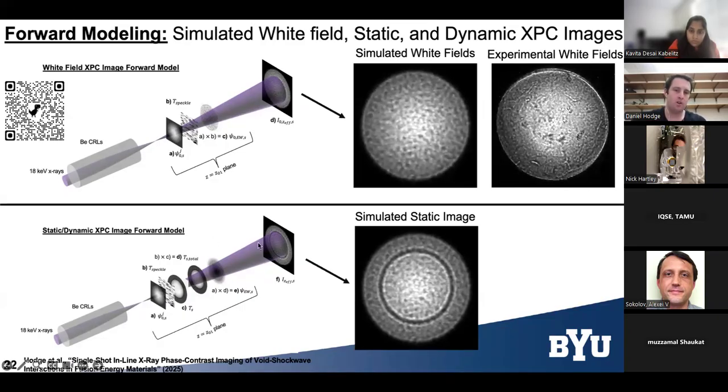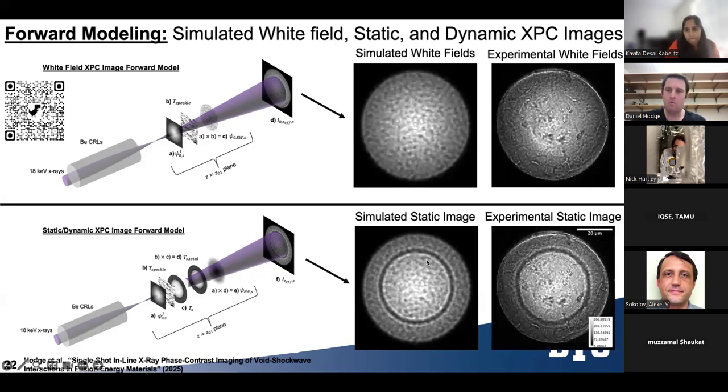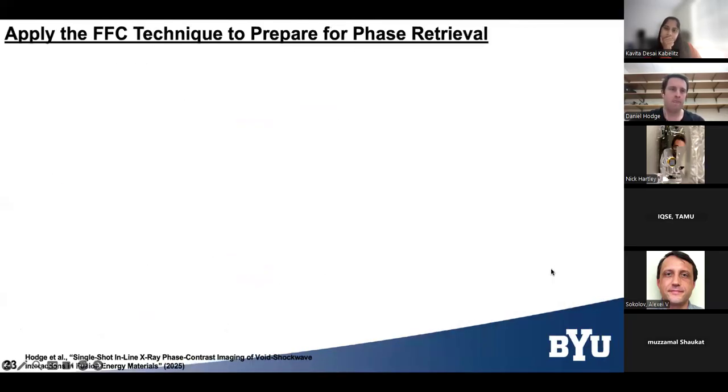That gets propagated to the detector, and we get our simulated static image. And then we can compare that to our experimental one, and we can see that they closely correspond. I should also mention that in this model, we include Poisson noise and the point spread function to replicate the blur that we're seeing experimentally.